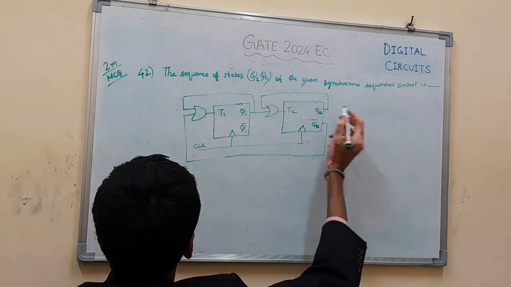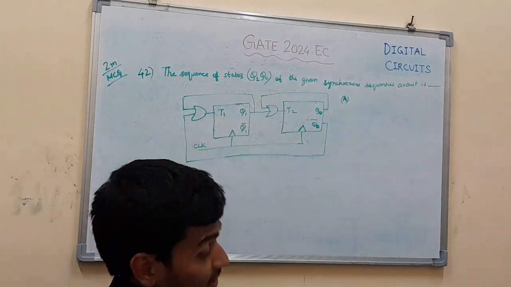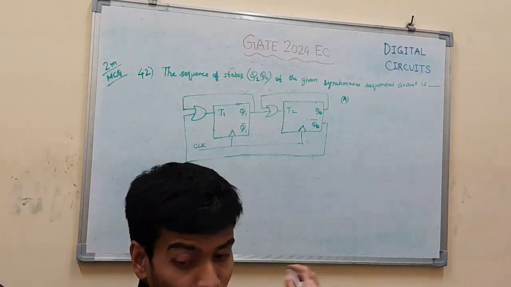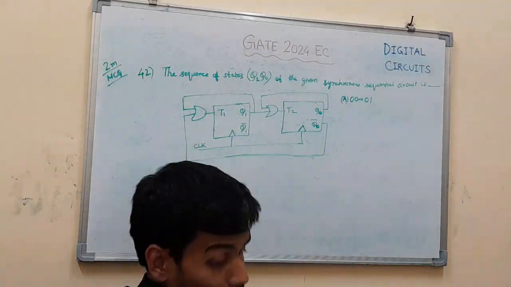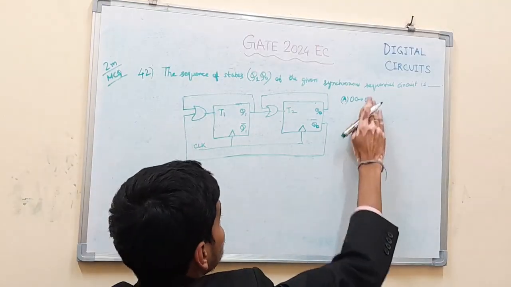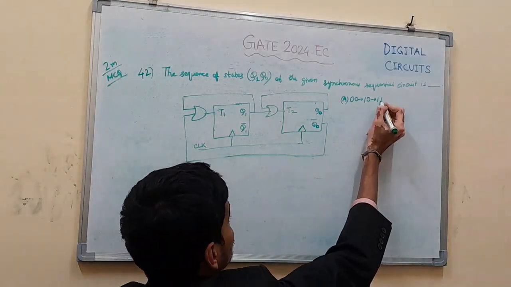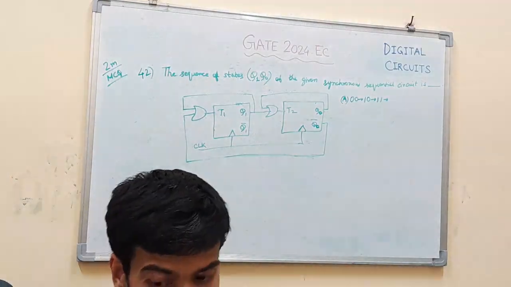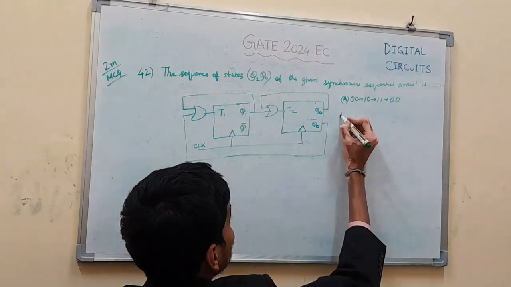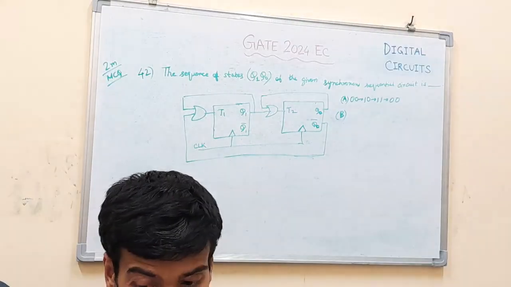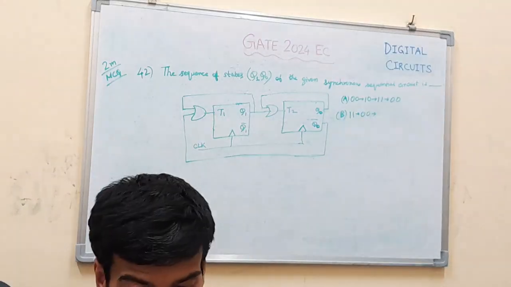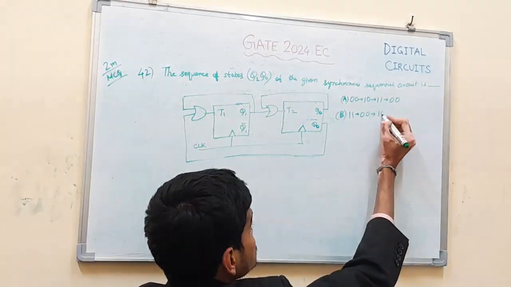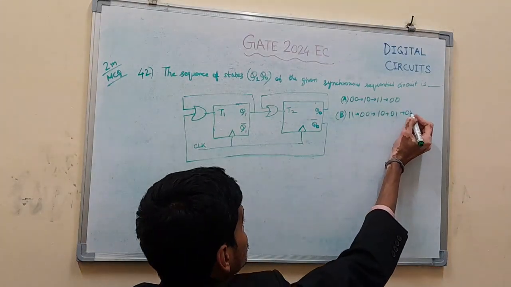The options are given here. Option A: 00, 01, 10, 11, 00. Option B: 11, 00, 10, 01, 00.